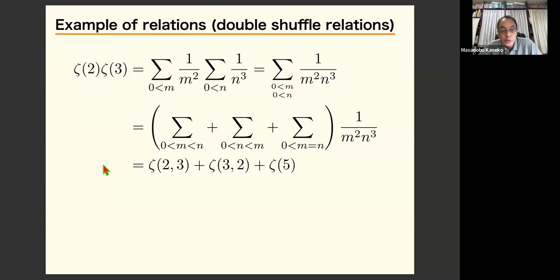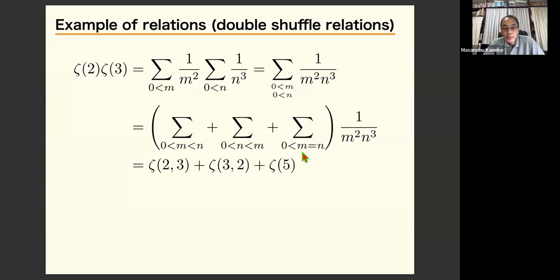Using the defining series, this is just a two-dimensional sum over positive integers m and n of 1 over m squared and n cubed. We divide this two-dimensional lattice of points m and n into above the diagonal, below the diagonal, and on the diagonal.